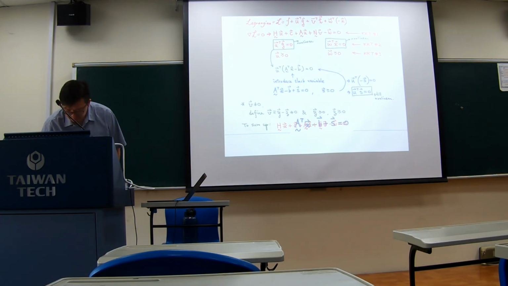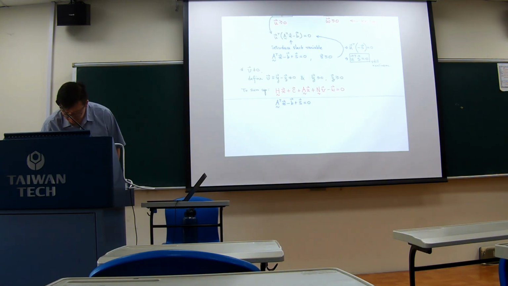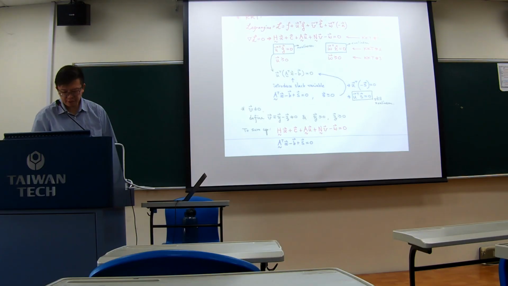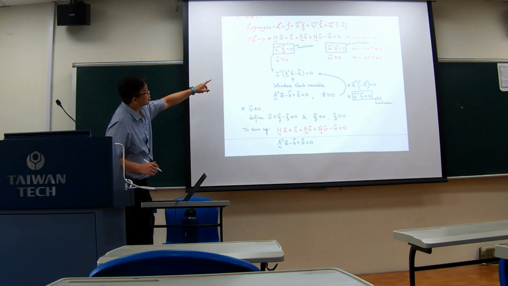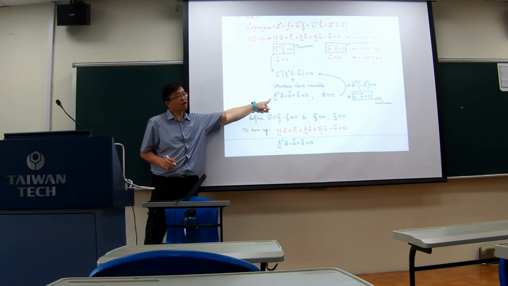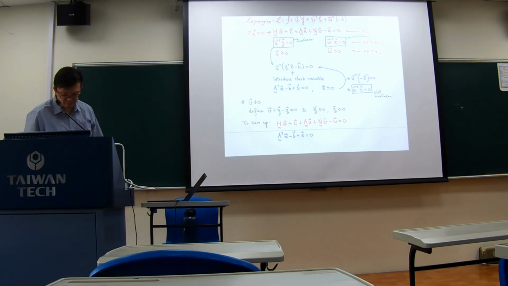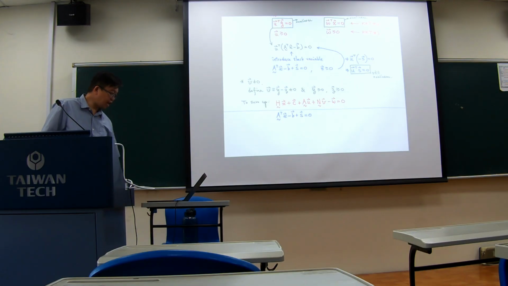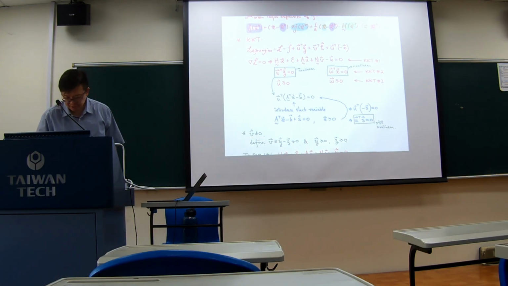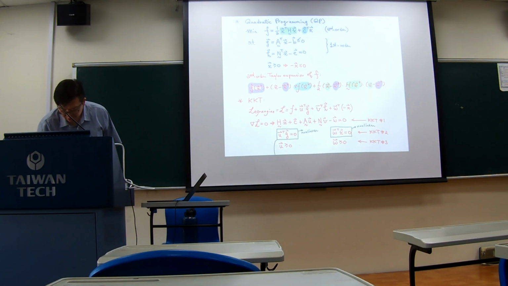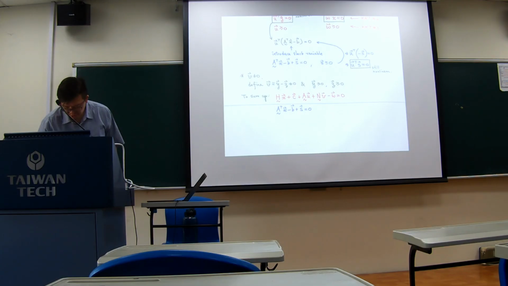This is the G constraint with the introduction of slack variable. And also we have this one. You don't need to do anything because it's given in a nice form.